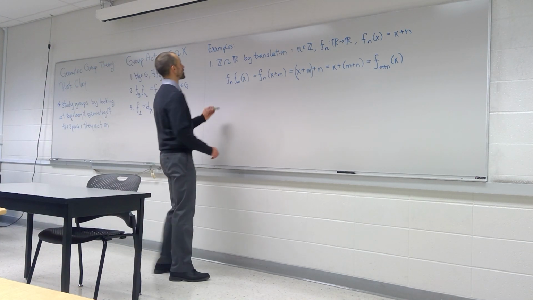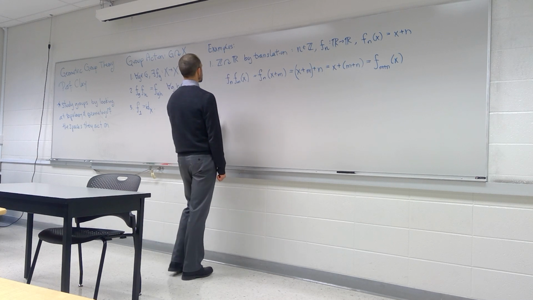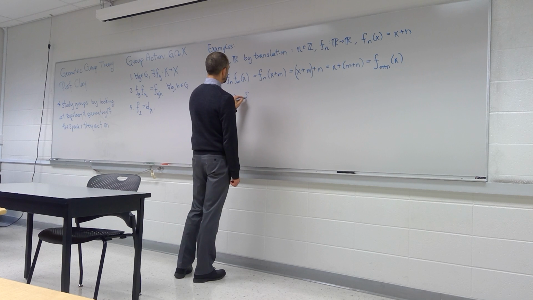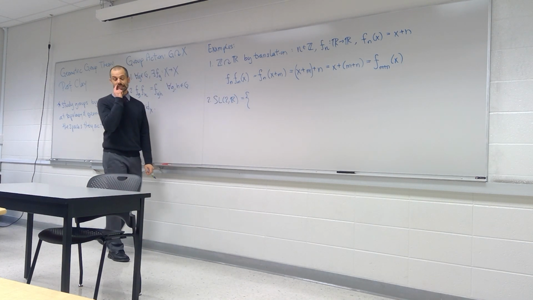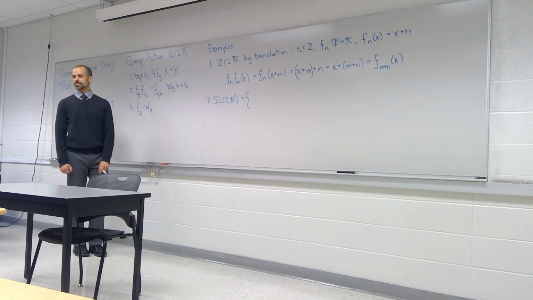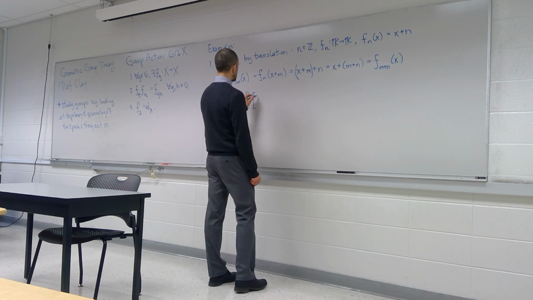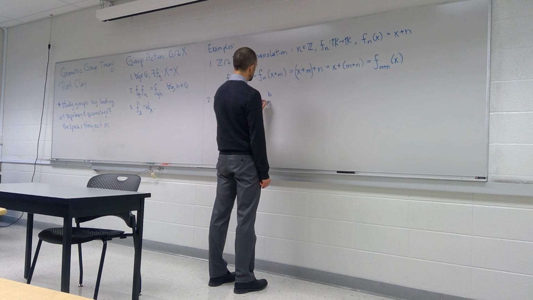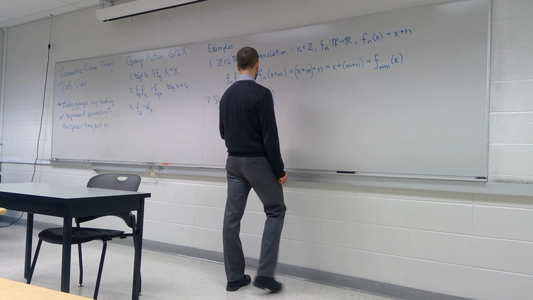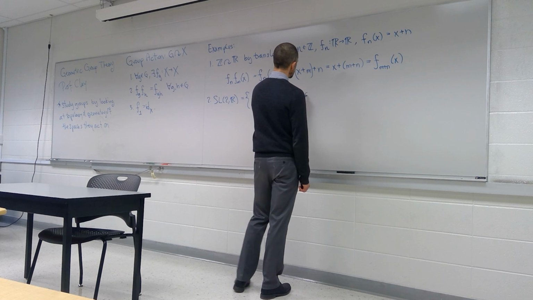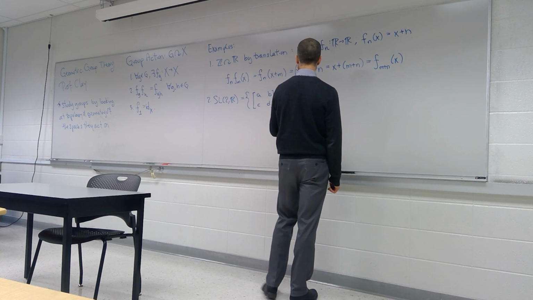So let's look at another example of a group action. Let's look at the group which is called SL2R. The SL stands for special linear. So this is a group of matrices. The 2 means that they're 2 by 2 matrices, and the R means that all of the entries are real numbers. These are 2 by 2 matrices where a, b, c, d are all real numbers.